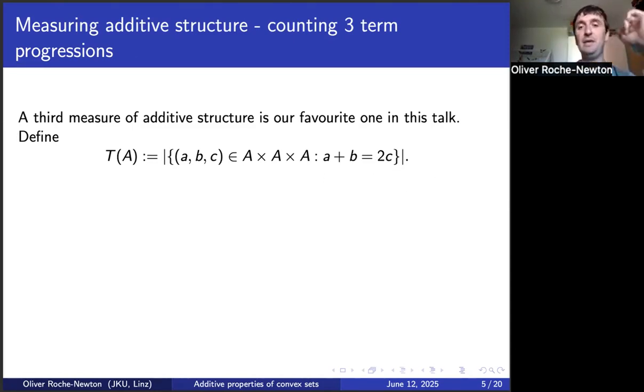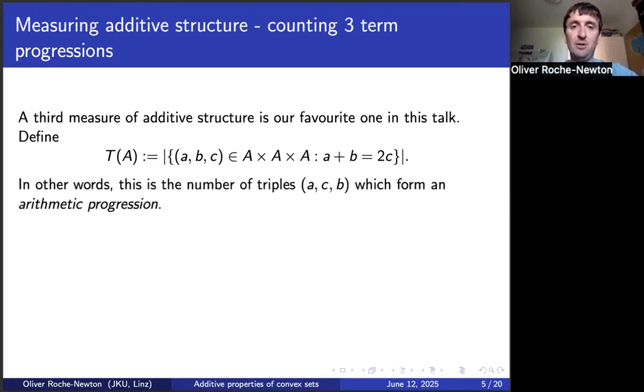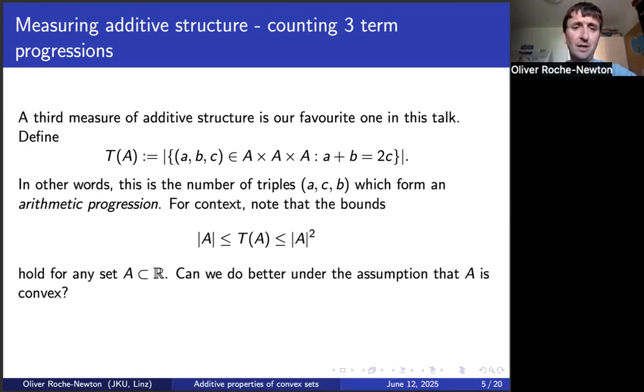You can think of this as a simple linear equation which should encode additive structure, but it has another meaning in particular, which is that it encodes 3-term arithmetic progressions. So what we're asking about here is how many 3APs can the set A have? And again, here's some context, some trivial bounds.